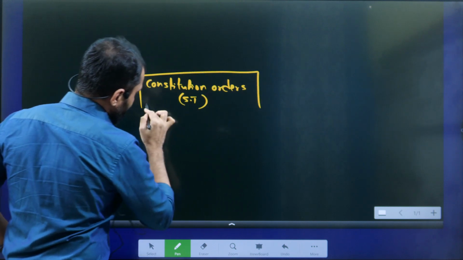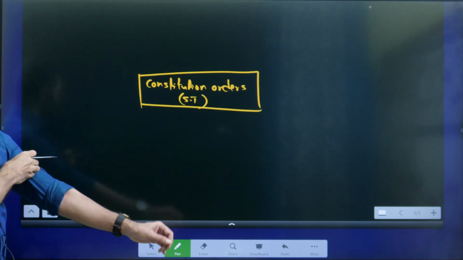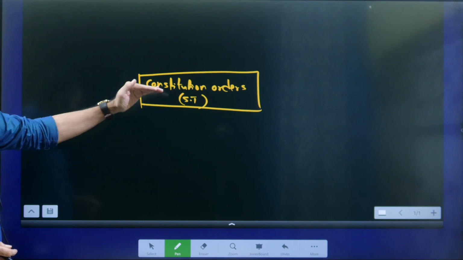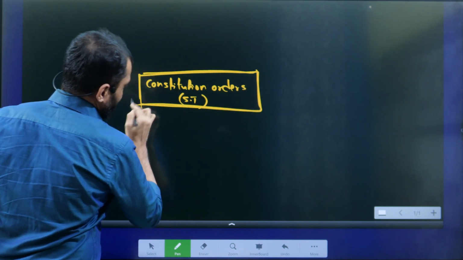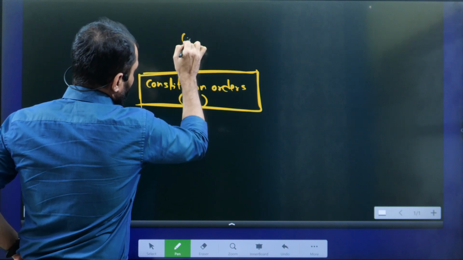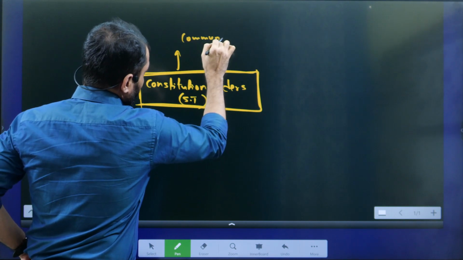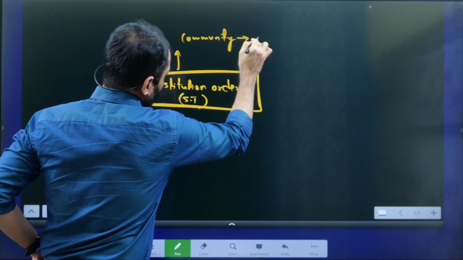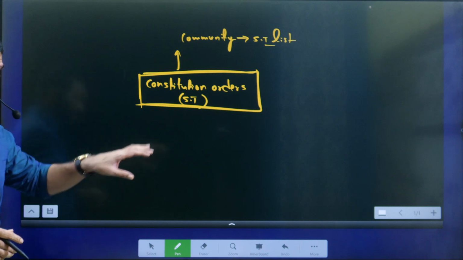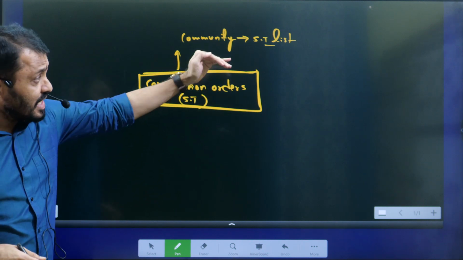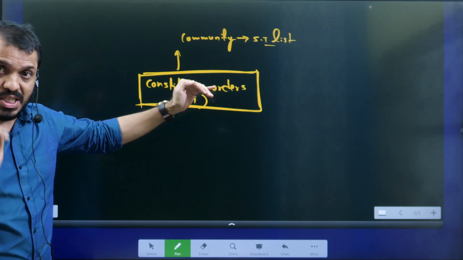Why are we discussing this in today's video? Because certain communities in Chhattisgarh were included in the ST list. First, you have to understand, if a particular community is included in the ST list, they are considered ST only in that particular state.